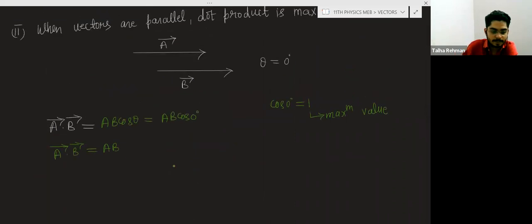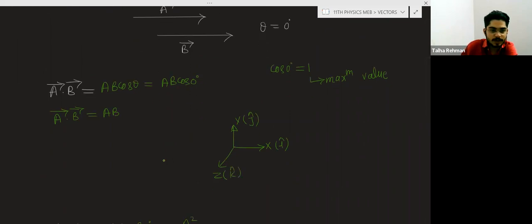Here is one more case. This is the x-axis, along this is I cap. This is the y-axis, along this j cap. The z-axis, along this the unit vector is k cap. Now if you calculate the dot product of I dot I, when you open this, the magnitude of one vector is I cap, the magnitude of another vector is again I cap, and cos theta.